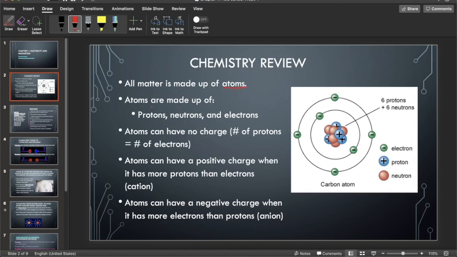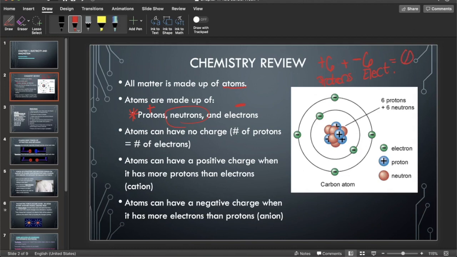Atoms are made up of three subatomic particles. I'm sure you remember them: protons, which are positive, neutrons, which have no charge, and electrons, which are negative. Atoms can have no charge when the number of protons, like a positive 6 if it had 6 protons, plus negative 6, so 6 electrons, add together to give a charge of 0.